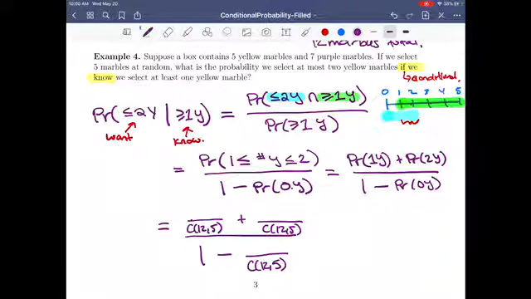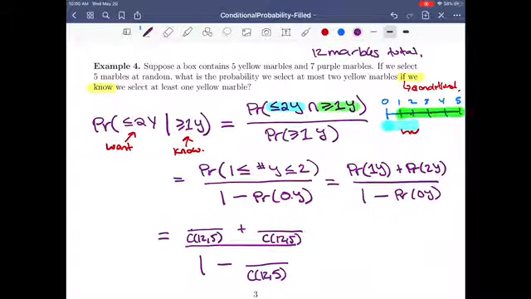Now, for 0 yellows, so that's on the bottom, that means that all 5 of our marbles come from the purple set. So that's going to be 7 choose 5. If you want to include the 5 choose 0, you're welcome to do that.